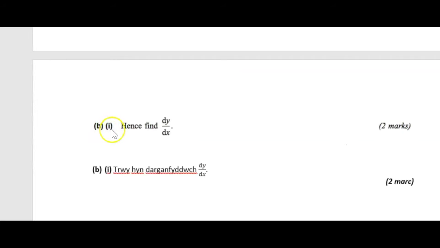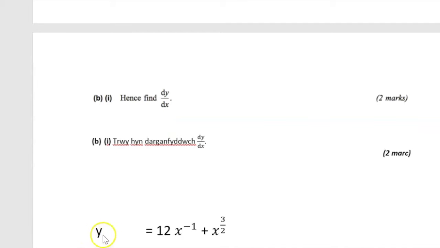Part B, Part 1, hence find dy dx. So we have to differentiate our function. y is equal to 12x to the power minus 1 plus x to the power 3 over 2. So it was handy that they asked us to write it in this form in the first part of the question.